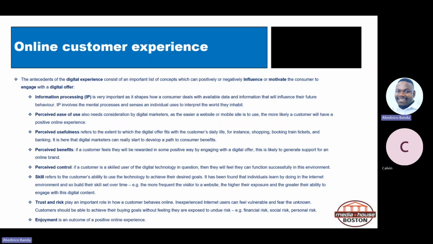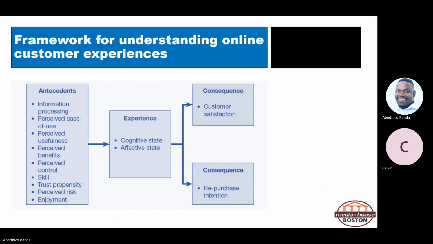For example, information processing. If your website has got heavy jargon, heavy words, it's even difficult to understand those words. People will go where there's simple English, where they can easily understand. So if the experience is tough from a linguistic point of view, customers might ditch you just for that. It's always crucial to understand all those elements.